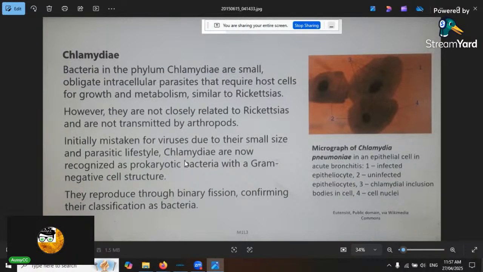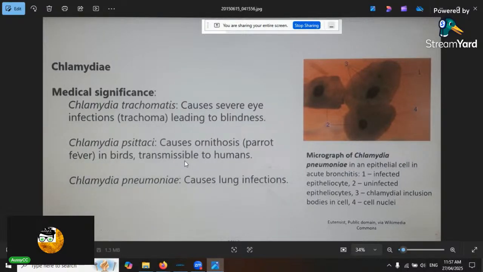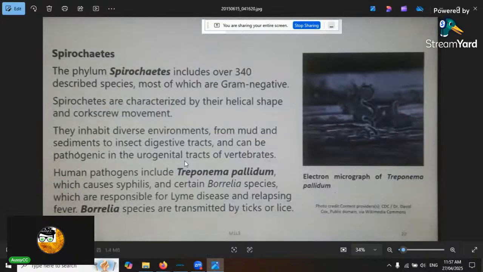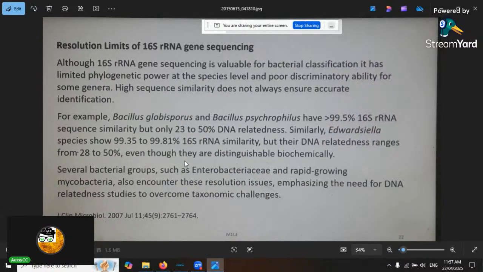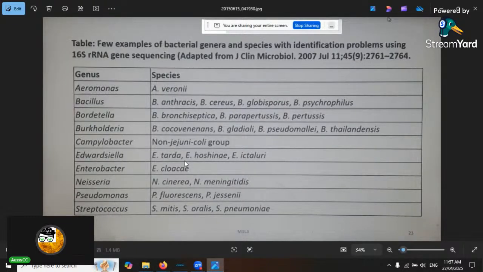Chlamydia. Bacteria in the phylum. Yes, for medical, okay. Spirochetes. I'll do this for another 3 minutes. A few examples of bacteria genera, with identification problems using the 16S.